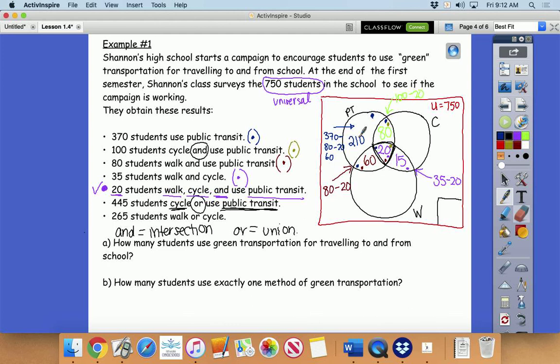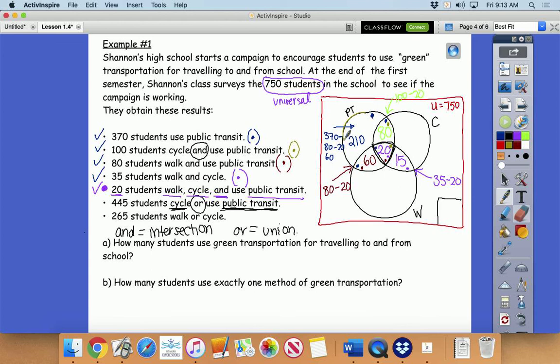So now we have all these ones done. This is done, this is done, done, done. We've accounted for all of those. Our next step is we're going to go to the 445 students that cycle or use public transit. So what we want to figure out is to look at these two circles.